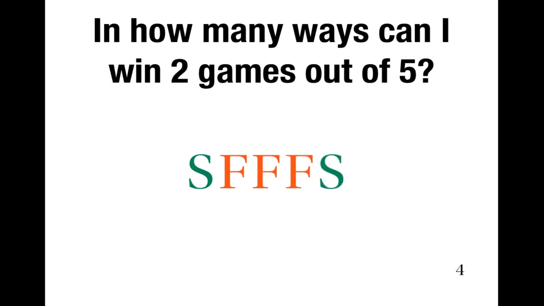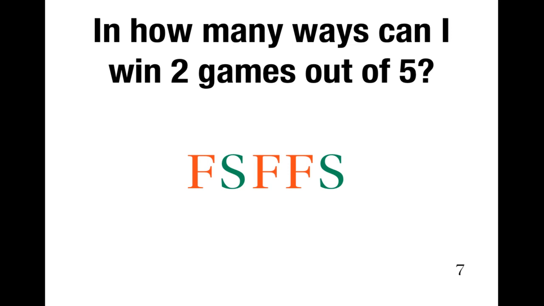That gives 4 possibilities. Now I'll move the first S along and put the second S next to it, and move the second S along. Now we've had 7 possibilities.